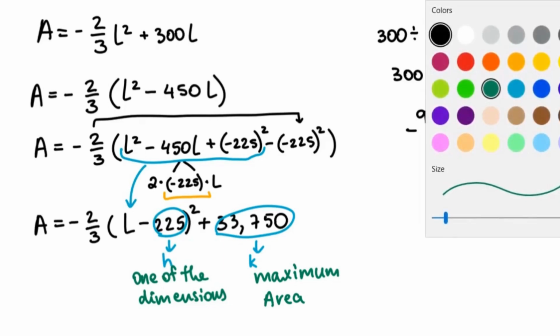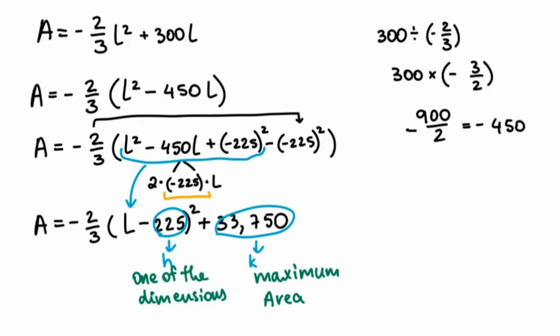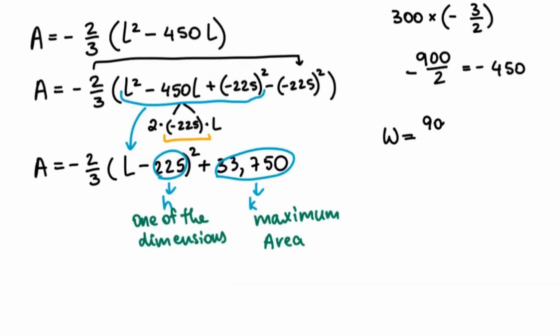Okay, so let's find the other dimension. The other dimension was based on the L, and it was when we rearranged for L and W, remember? 900 minus 2L over 3. So we're going to substitute the value of L to get our W. So then this will be 225.